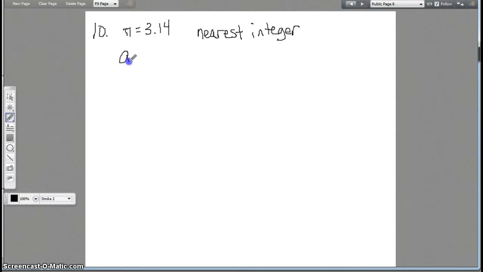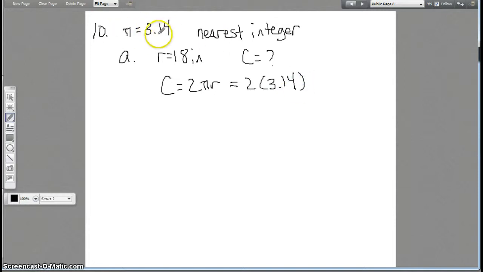Okay, so part A says, find the approximate circumference of a hula hoop if its radius is 18 inches. So the radius is 18 inches, and we need to find the circumference. Well, remember that circumference is 2 pi r. So I'm going to say 2 times 3.14, because it said to use 3.14 for pi, times our radius, which is 18.